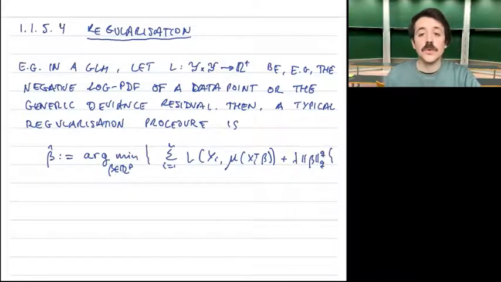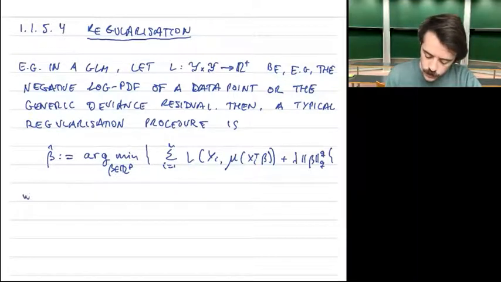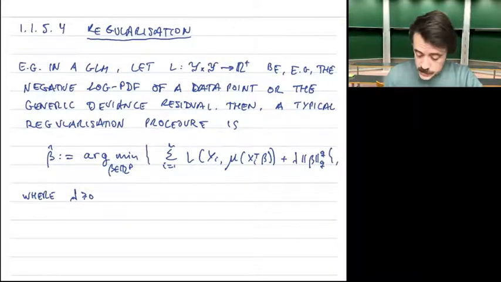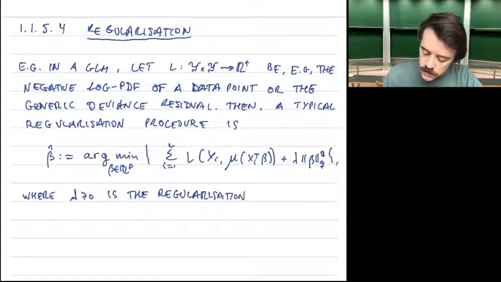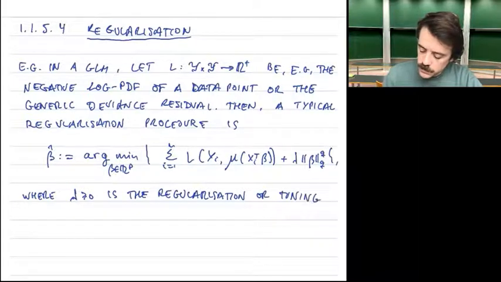So what is this? Well, where lambda greater than or equal to 0 is the so-called regularization parameter, or tuning parameter.